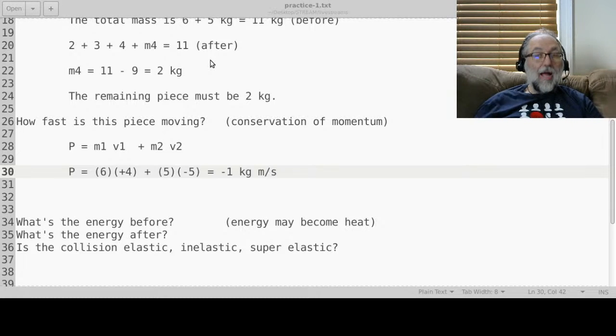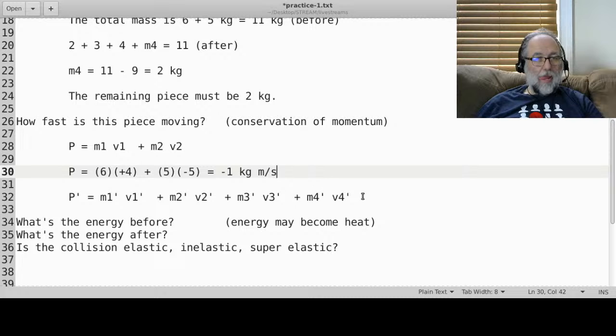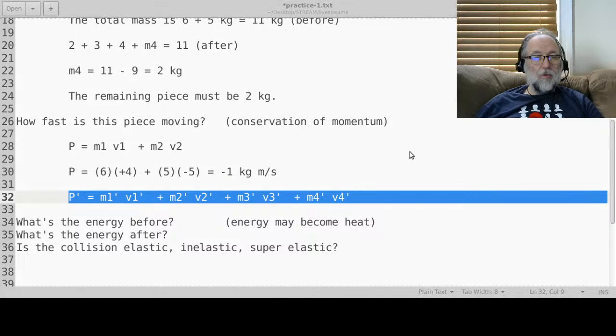And then after, I said there are 4 pieces. Okay, and so now the equation for momentum after is going to be this. That one right there. Now it looks the same, but it's for 4 pieces, and the little primes there, that's just how I did after.